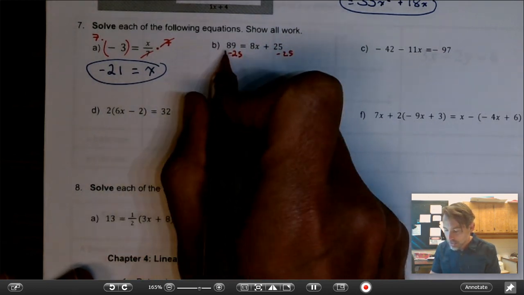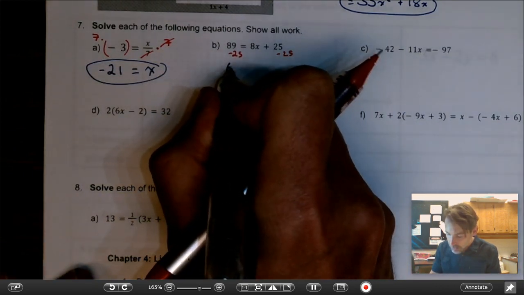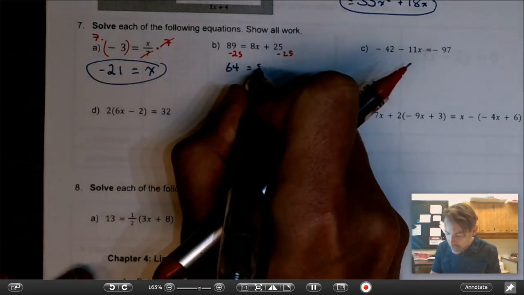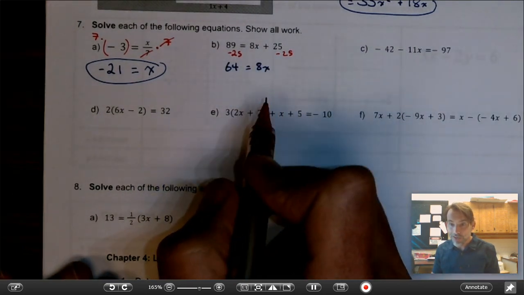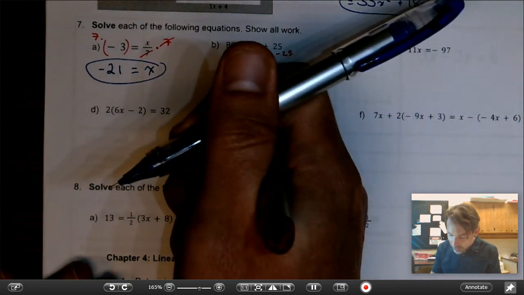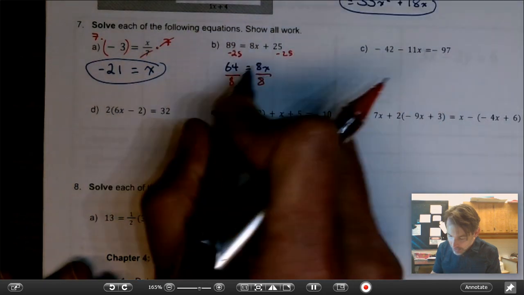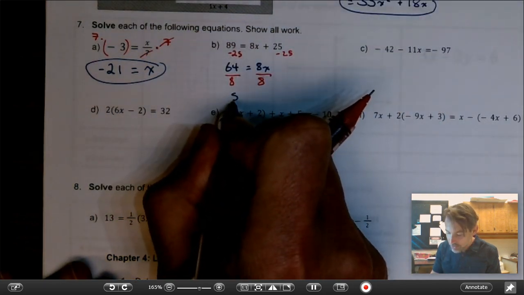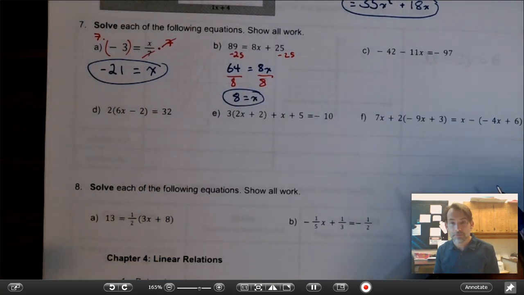That will give me 89 minus 25 is 64. 64 is equal to 8 multiplied by some number. I want to know what 8 multiplied by a number happens to be 64. So let's divide both sides by 8. And then you get 64 divided by 8. Well, it's just 8. 8 equals x. There, that's the answer we're looking for there.